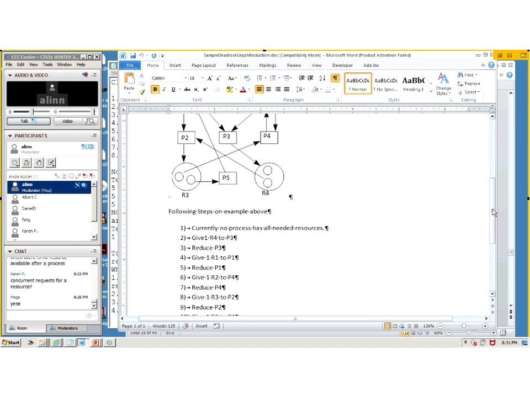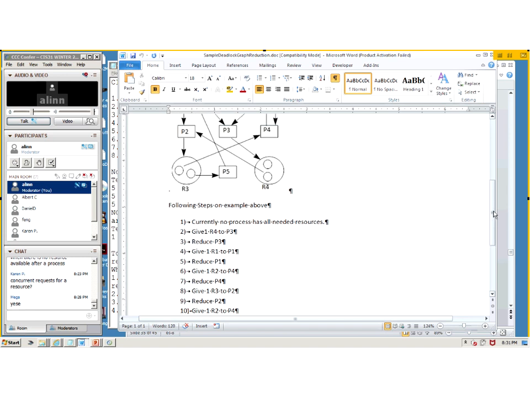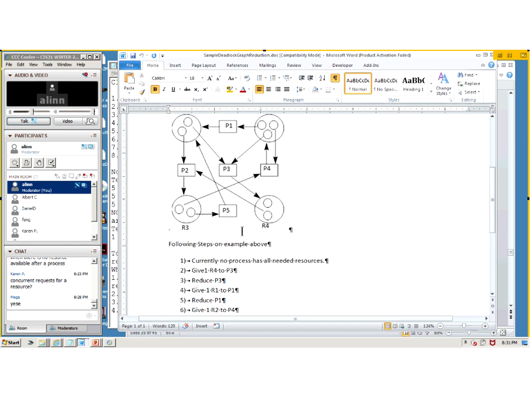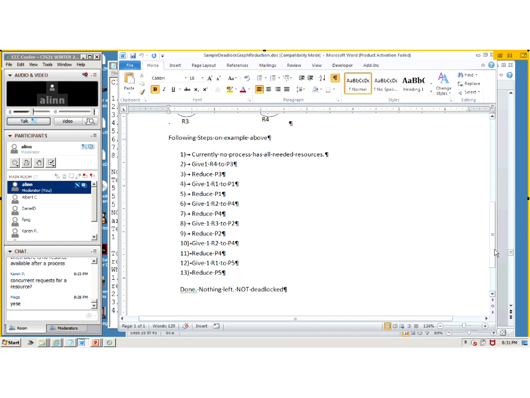Reduce P2. Give one R1 to P5, and reduce it. And we're done. Nothing left. It's not deadlocked. I want to stop for a second. Is that clear?